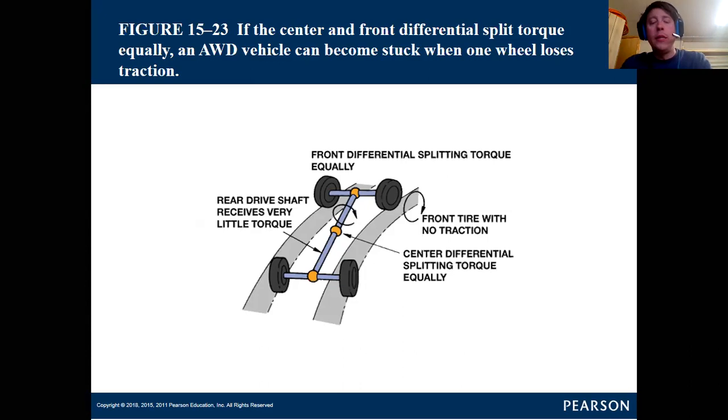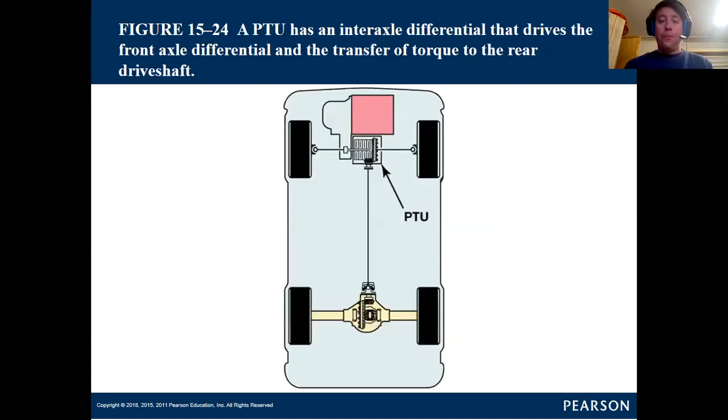Now, what I mean by that is, when you watch these videos, you'll see what I'm talking about. It's kind of funny to watch the computer try to think its way through power distribution. So we have power transfer units, and then we have the torque biasing. The power transfer unit is like the front to back split.